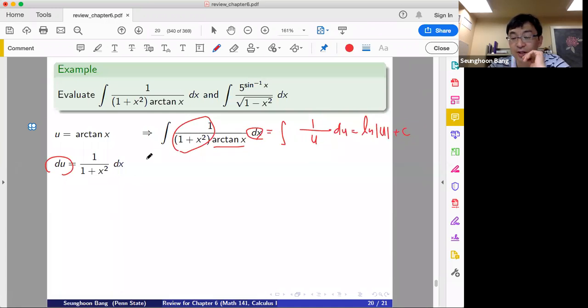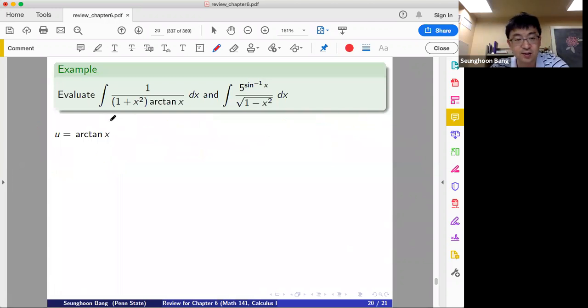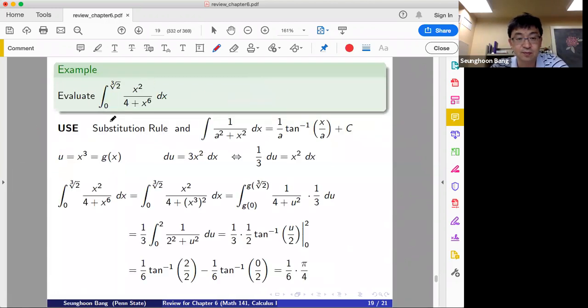So what does it mean? Isn't u supposed to be what's in the parentheses? Oh, the parentheses. So this is different. It depends on the problem. Let me see the previous one here. You can change it. x to the 6 is like a parenthesis squared. What does it mean? It's a composite function.